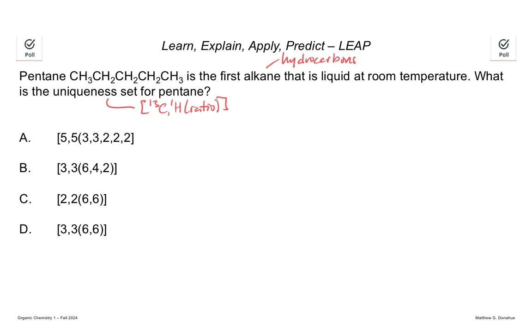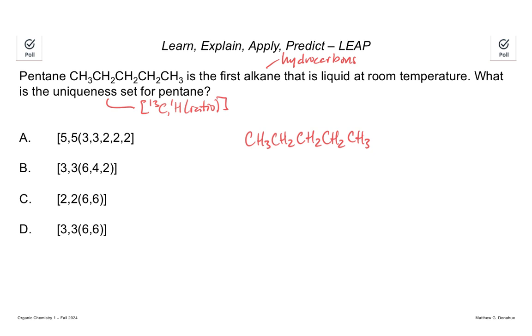So let me point out a couple things, and then I'll calibrate everyone on what I mean by uniqueness. So I'm going to redraw this structure, CH3, CH2, CH2, CH2, CH3. So that's a molecule. Its name is pentane, so we're communicating the structure in different ways.